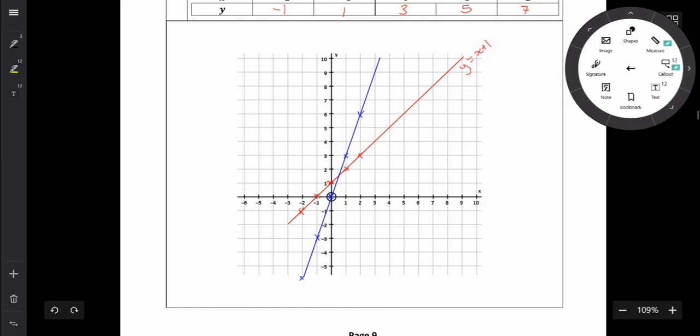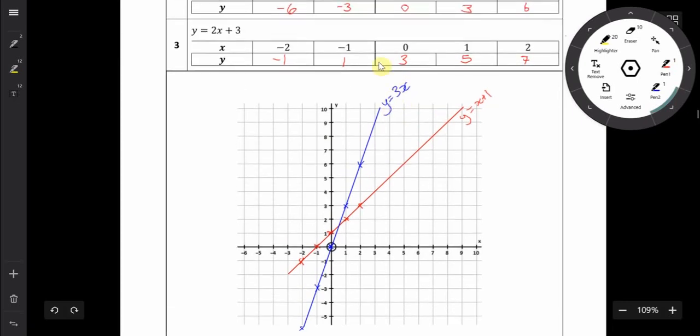There we go. And that one is y equals 3x. You can see that one is steeper. That's because the number in front of x is bigger. We'll come to that later on.